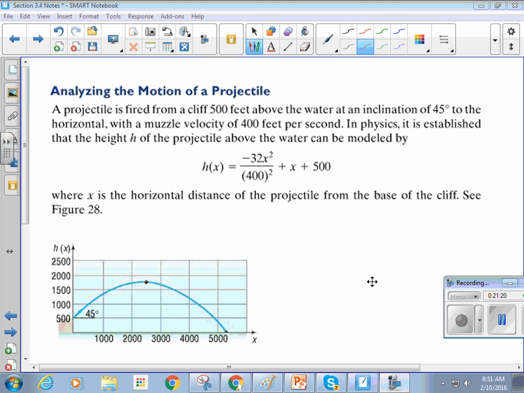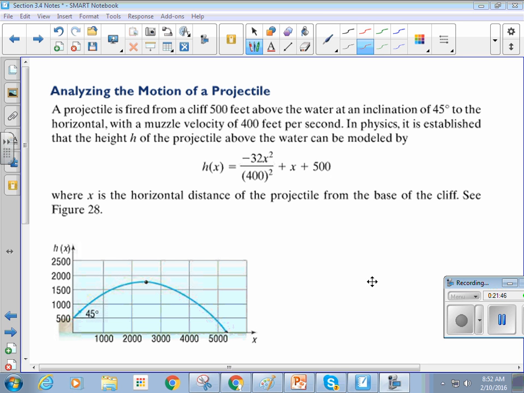All right, so as somebody who studied engineering, I love projectile motion. It's just throwing things and tracking its movements is exciting. So analyzing the motion of a projectile is something we do a lot. It's got a nice parabolic arc, and we find the maximum height of our missile or whatever.